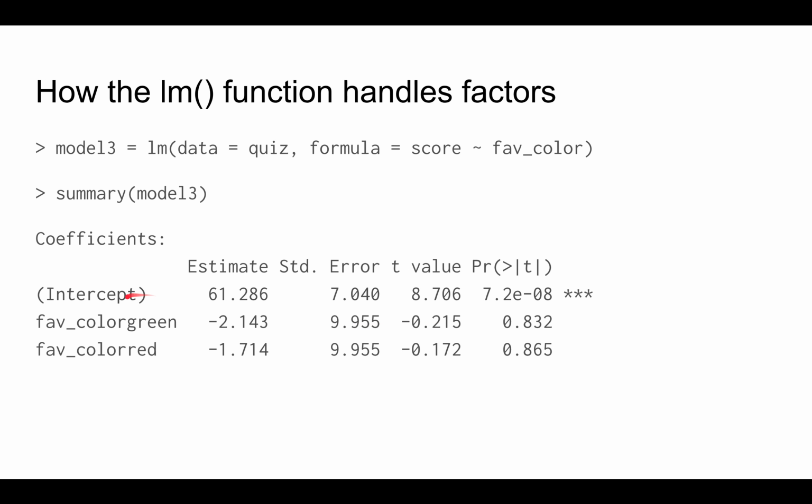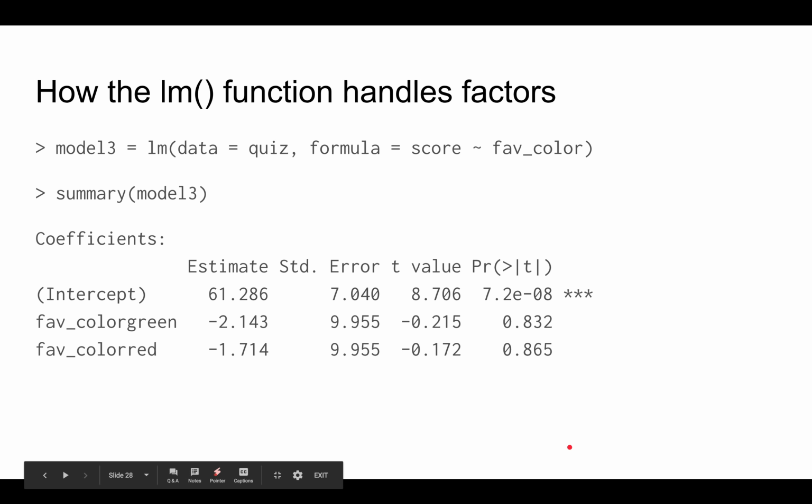Blue was chosen as the reference level. It's not listed. And you have values for green and red. Green and red in this case seem to be slightly lower scores, but this result is not statistically significant, so it could have been random.